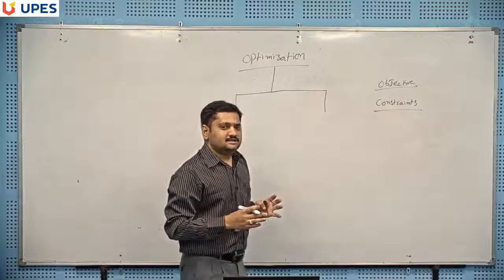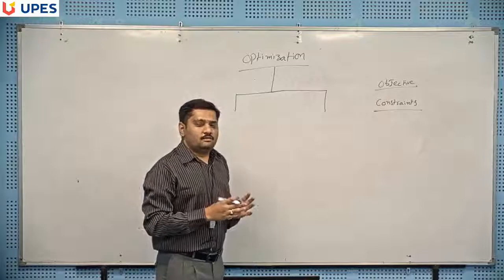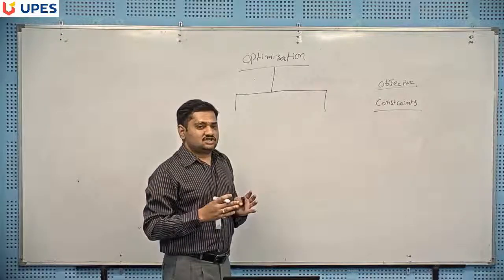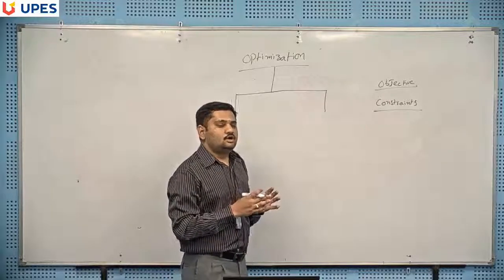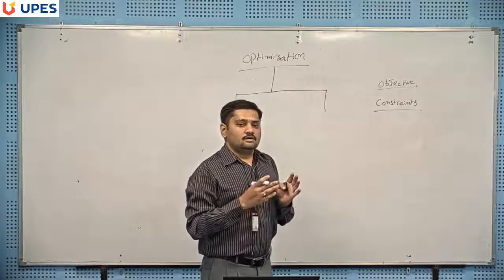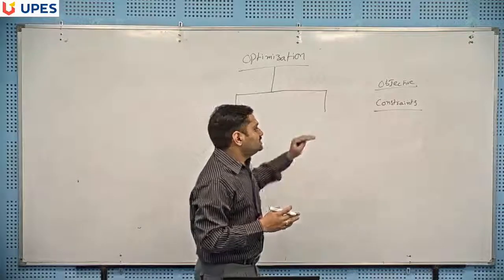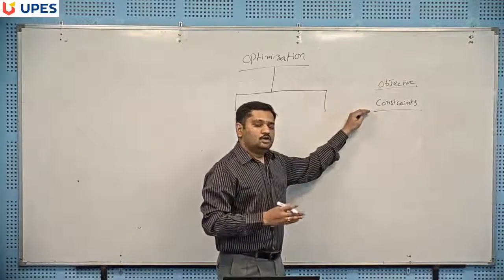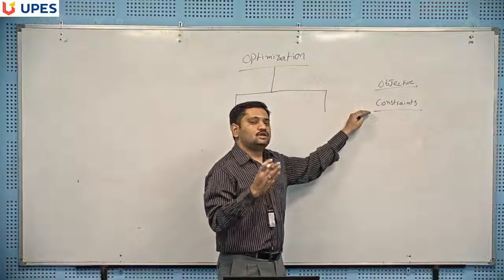Already we discussed constraints. In the real world, every problem will have certain constraints. If you want to solve that problem and get a solution out of it, we need to fulfill the constraints of the problem. Without fulfilling the constraints, even though you get a solution, that solution is incorrect for that problem.